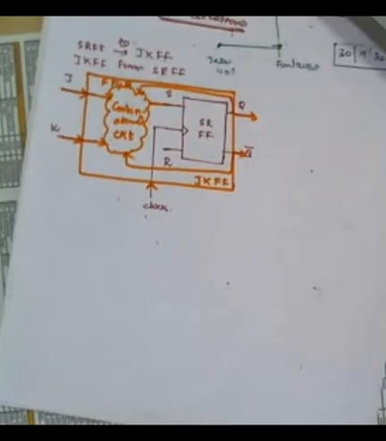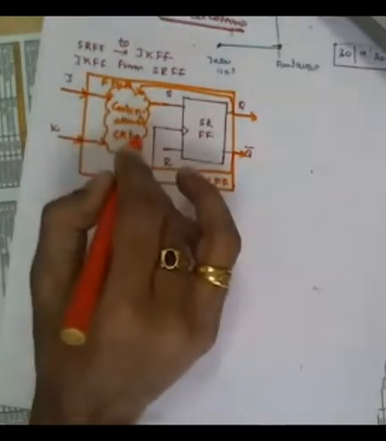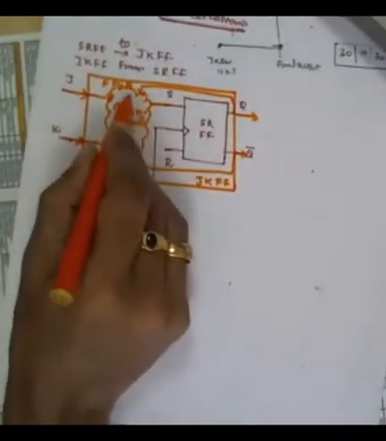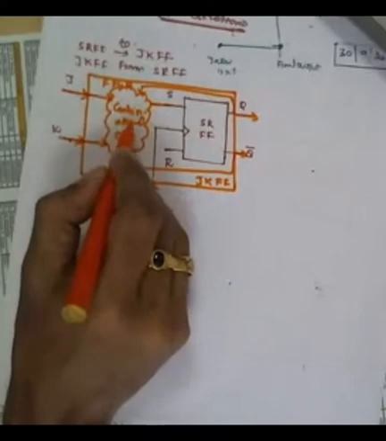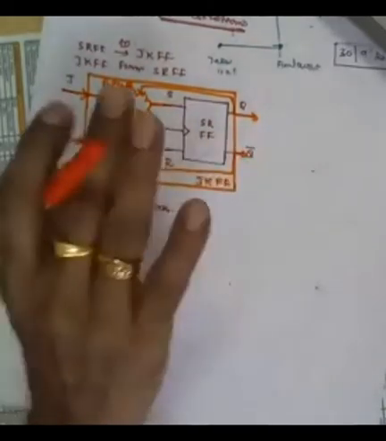That means I'm going to incorporate one combinational circuit. That circuit gets the input from the external input as well as the present state, or present output, of the flip-flop, ultimately the SR flip-flop, as a feedback. So this combinational circuit's job is, if I give J and K input here, then this combinational circuit should drive the SR flip-flop to generate the output that corresponds to the JK flip-flop.